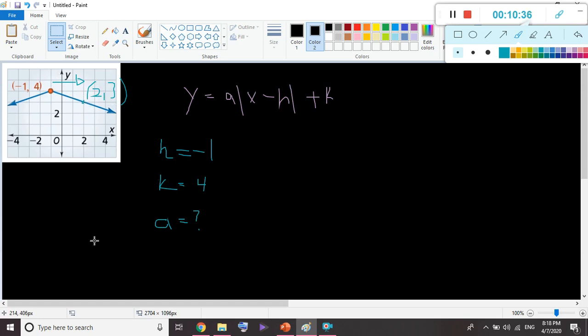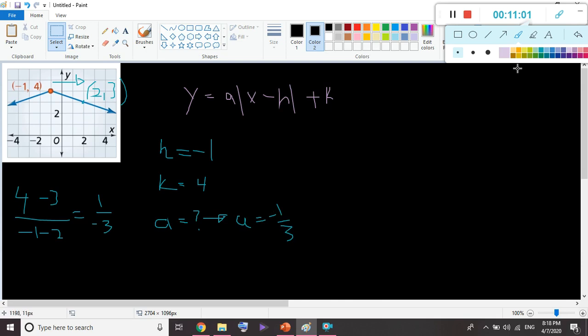It's going to be y2 minus y1. So let's find it as 4 minus 3 over -1, -2. 4 minus 3 equals 1, and -1, -2 is -3. So A is going to be equal to -1 over 3.